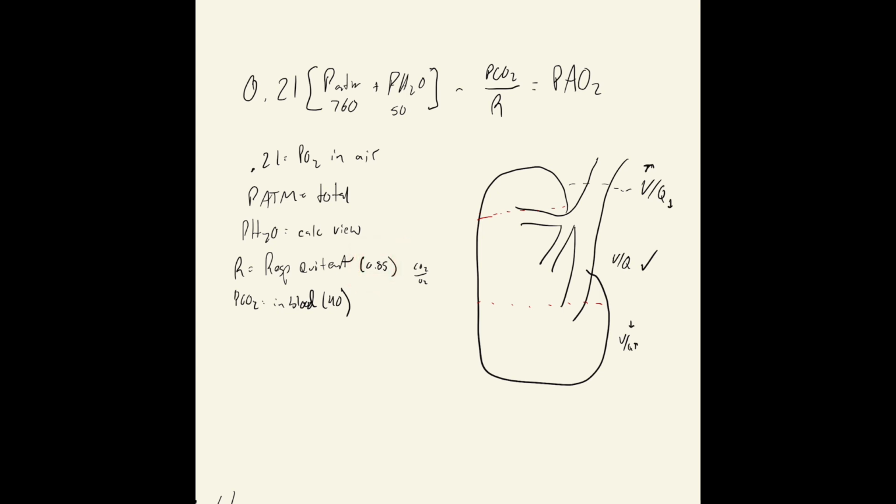They calculate that by taking the pressure of CO2 divided by the pressure of O2. So it's a very valuable number in a clinical setting, but we round it to 0.85 on average. And this numerator is the pressure of CO2 in blood, which is typically 40. And that all equals the pressure of oxygen in the alveolus.